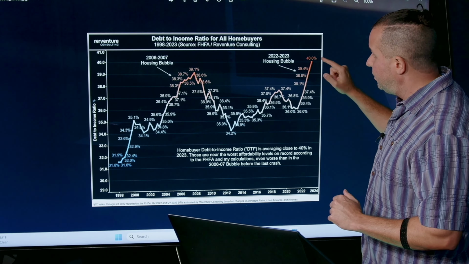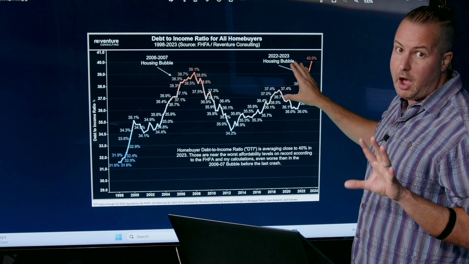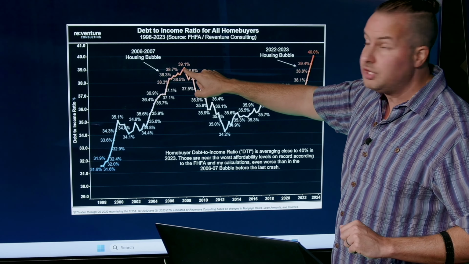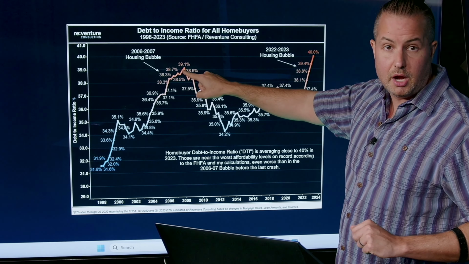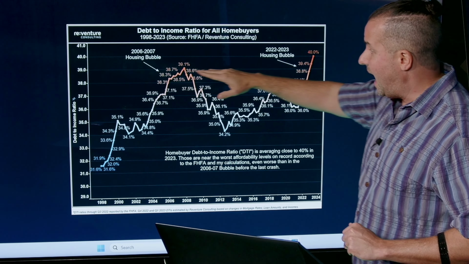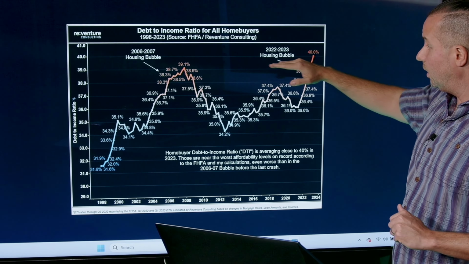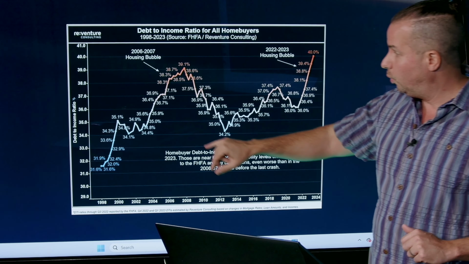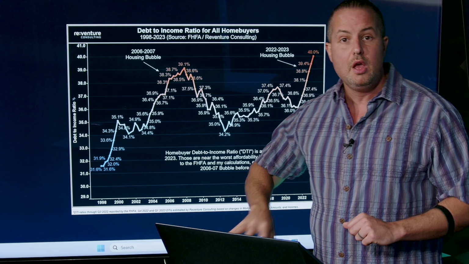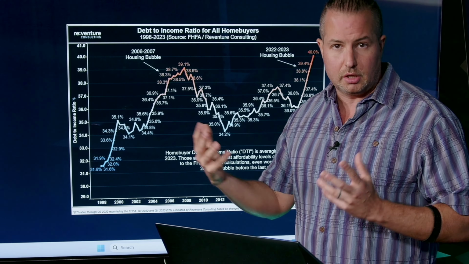The problem with this is, and I mean, that's obviously a crazy number, but look at what the peak was at the housing bubble top here, 39.1%. So we're actually now above that on a debt to income ratio, above where we were in 2006 going into 2007 and the financial recession, the housing collapse.